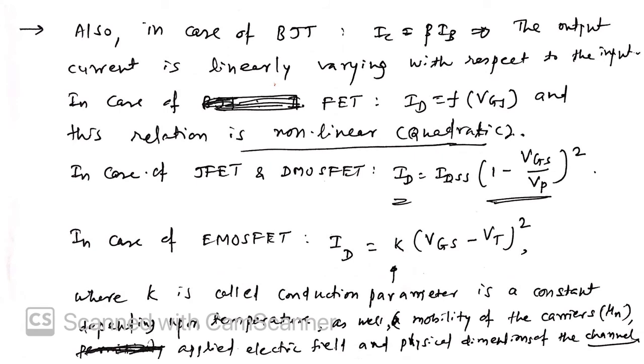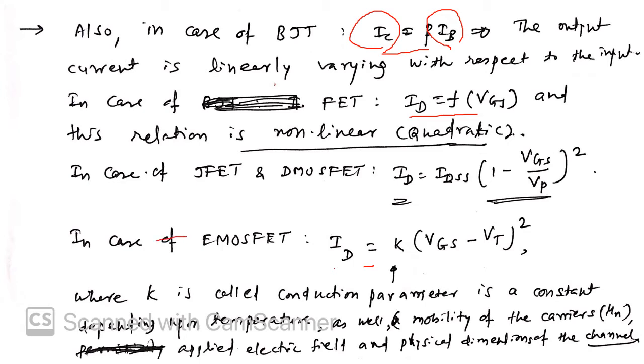One more thing: in case of BJT, IC is equal to beta IB. So the relation between input IB and the output IC is linear. You can see y is equal to mx. Fine, so this is a linear relationship. But in case of FETs, the relation of ID with VGS is not linear, right?